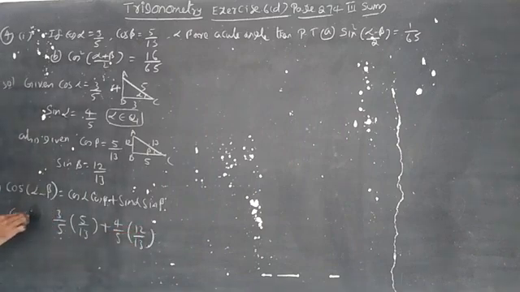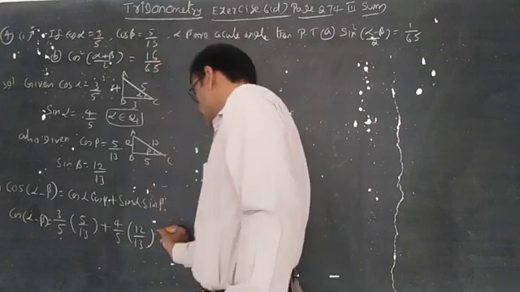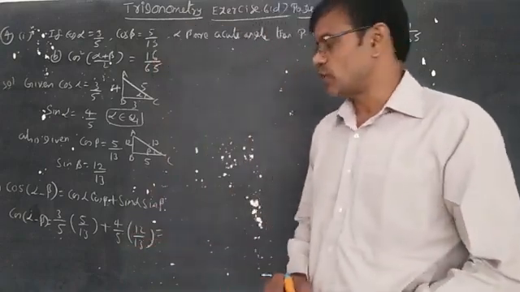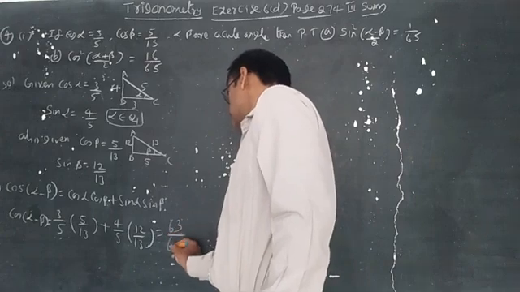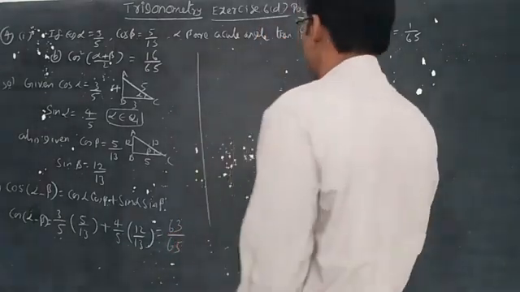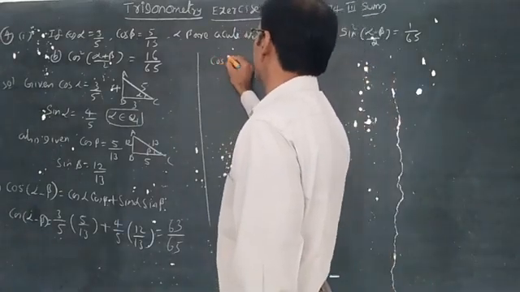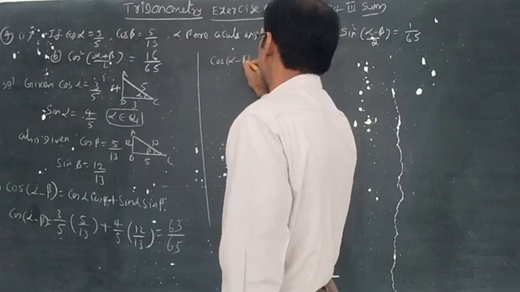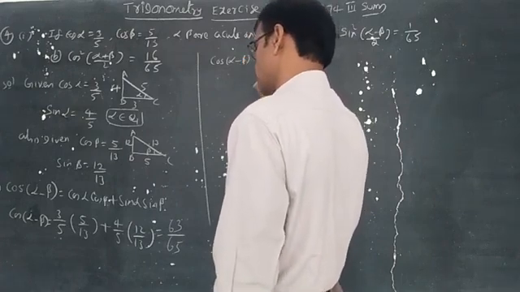We are calculating here the value of cos of (alpha minus beta). 3 5s are 15 and 4 12s are 48. 48 plus 15 is 63 by 65. Now we got cos of (alpha minus beta) as 63 by 65.